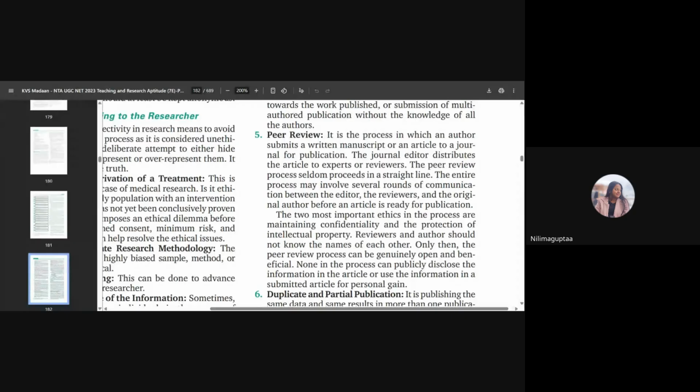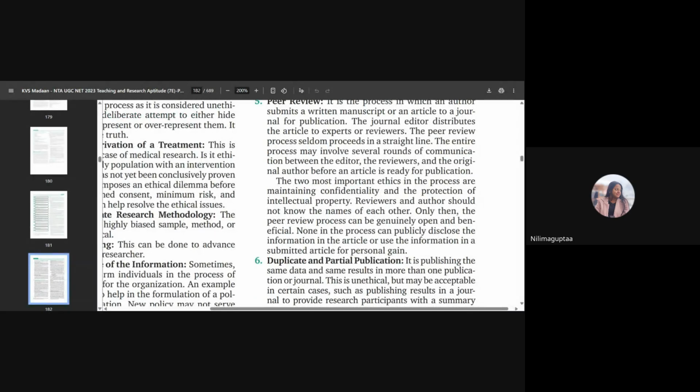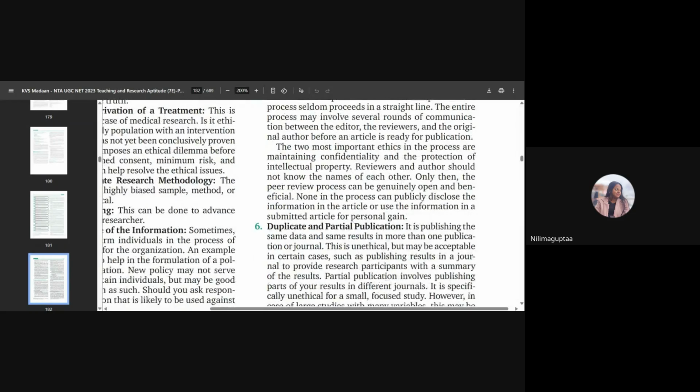As I told you, the more like-minded people in hierarchy who have more experience review the journals and articles that have been published. The peer review process seldom proceeds in a straight line. The entire process may involve several rounds of communication between the editor, reviewer, and the original author who has written it. Okay. Before an article is ready for publication, the two most important ethics in this process are maintaining confidentiality.